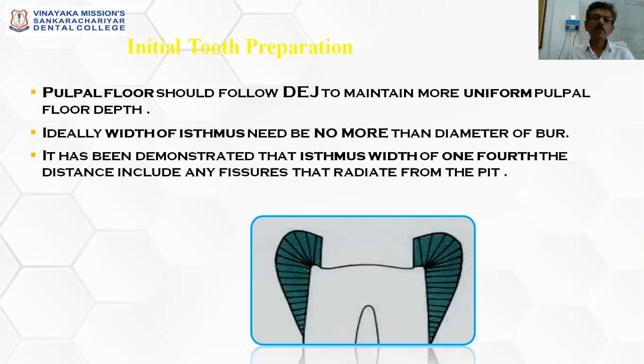Now, with regard to the pulpal floor, it should follow the dentino-enamel junction to maintain a more uniform pulpal depth. The ideal width of the isthmus needs to be no more than the diameter of the burr. It has been demonstrated that an isthmus width of one-fourth the intercuspal distance should include any fissures that radiate from the pit.